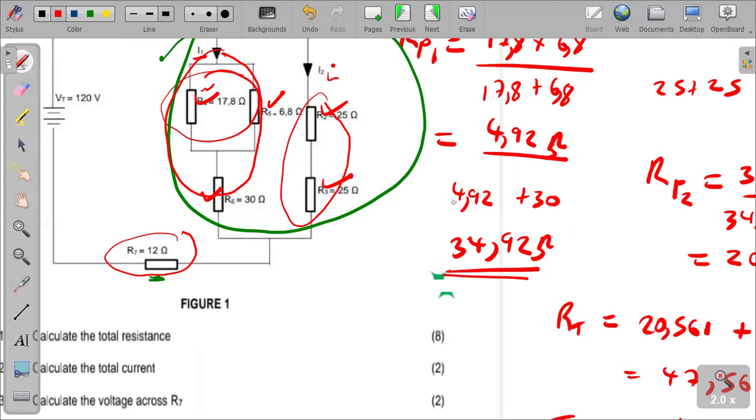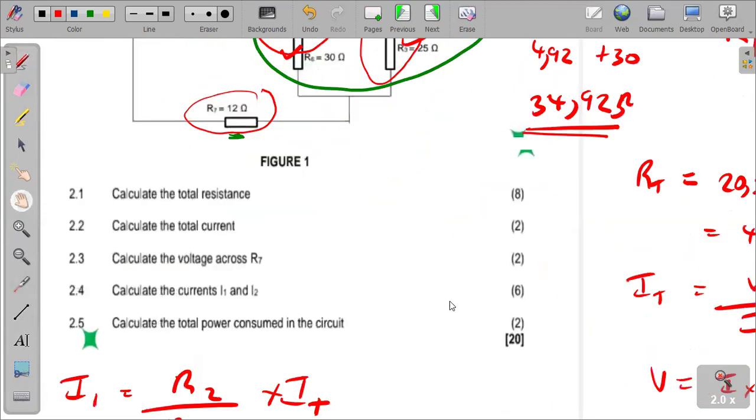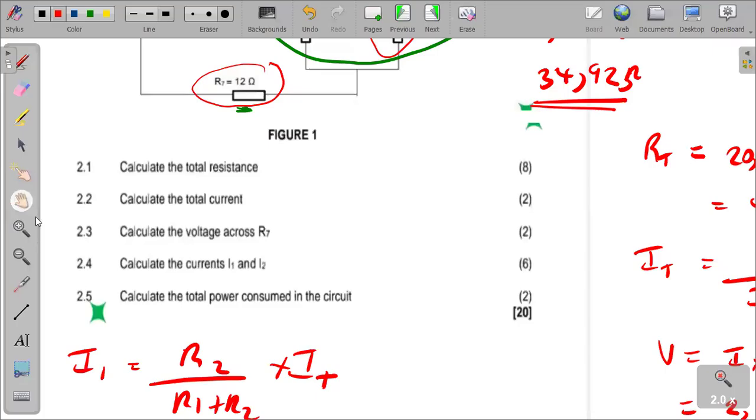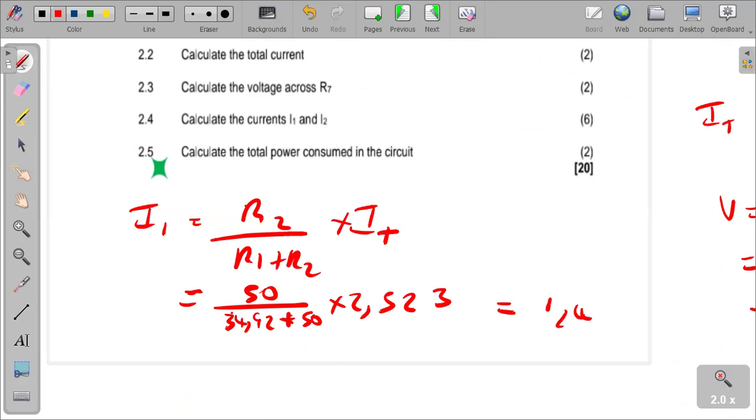So punching that, let's substitute correctly. It's going to give us 50 divided by 34.92 plus 50, multiplied by 2.523, and that will give us 1.486 amperes there.